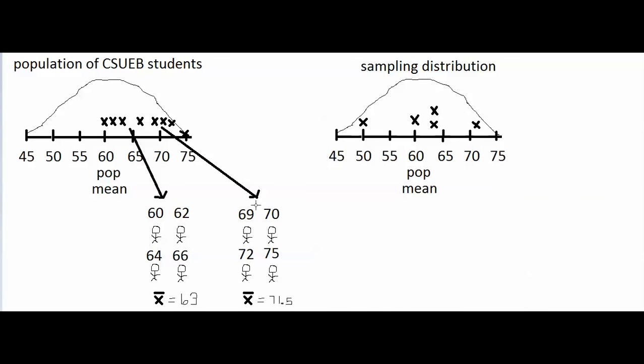But what's important is for me to be able to predict what shape the sampling distribution would follow if it were created. Meaning, when I'm taking a sample from a population and I'm calculating the mean of my selected sample, I have to be able to know what shape the sampling distribution would follow if I did actually calculate the mean of each possible sample and constructed the sampling distribution.